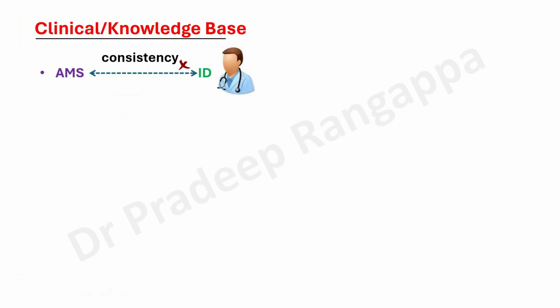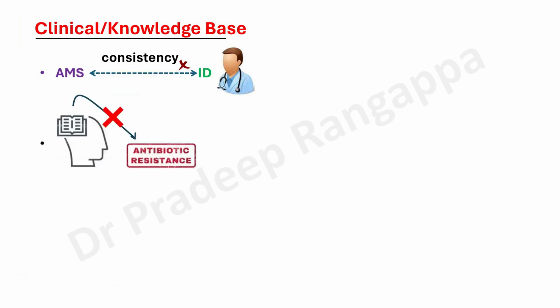And it is also shown there is lack of consistency in what is expected out of antimicrobial stewardship and what the clinician follows or what the ID physicians follow. There can be dichotomy or divergences in what is expected and what is being followed. Most importantly, failure of application of knowledge of incorporating antimicrobial stewardship has been shown to lead to emerging antibiotic resistance.